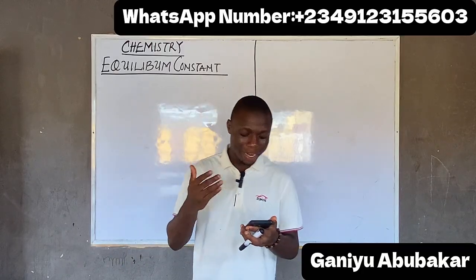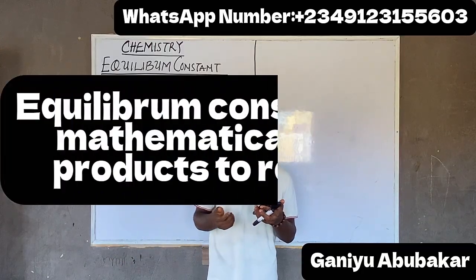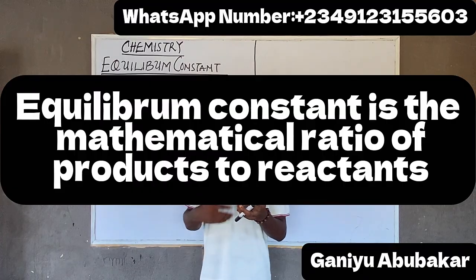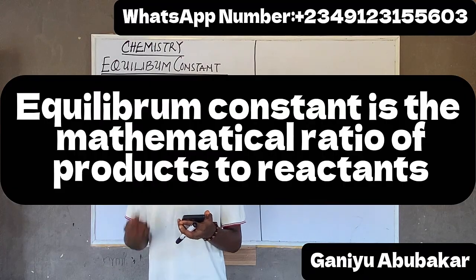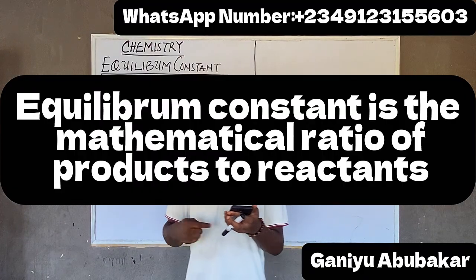By definition, equilibrium constant is the mathematical ratio of products to reactants.